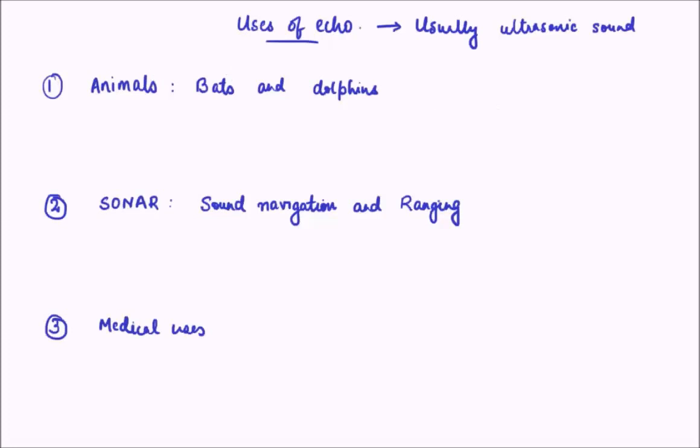Now that we know why ultrasonic sound is used, let us see some of the applications it has. One of the prominent applications is in the animal kingdom, where bats use ultrasonic sound and the concept of echo to travel through the darkness. They have a source of ultrasonic sound and a receiver in their own body, and they radiate out the sound, and by observing how much time the reflected sound takes to come back to them, they estimate at what distance there is an obstacle.